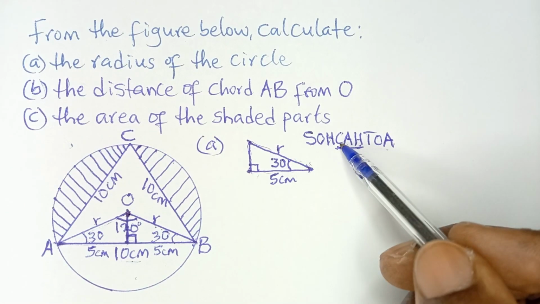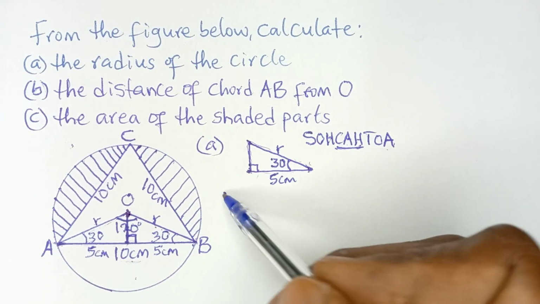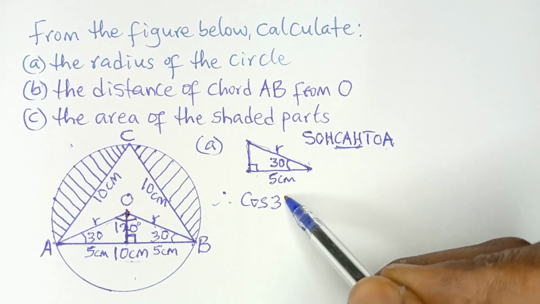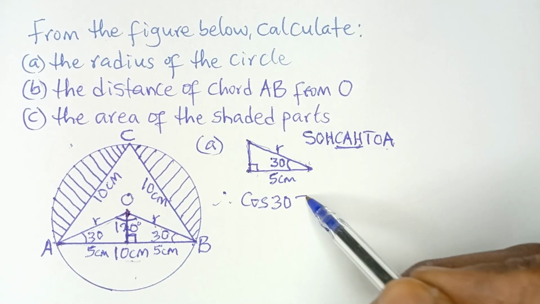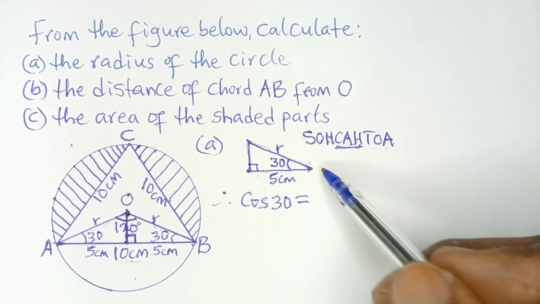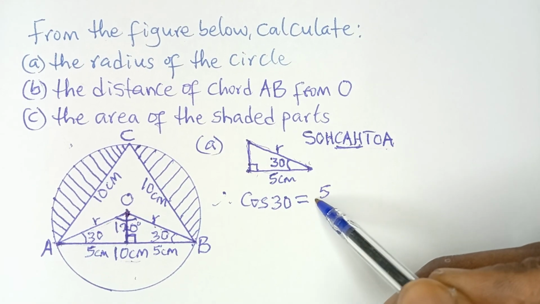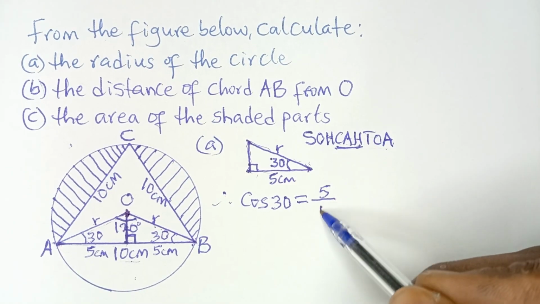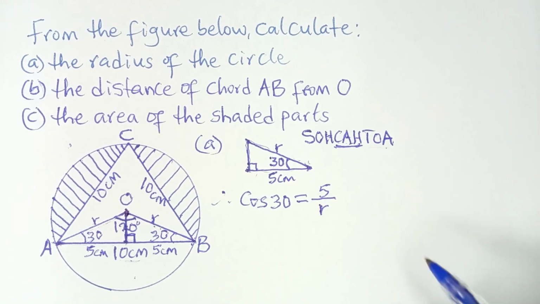So we're going to take the cosine of the angle. So I can say, therefore, the cosine of the angle, which is cos 30, is equal to the adjacent side, which is 5, all divided by the hypotenuse side, which is R that we are looking for.